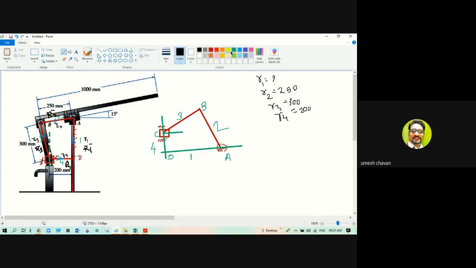Okay, now measure the angles from the positive x. This is the positive x. The angle for this stands for theta 1.